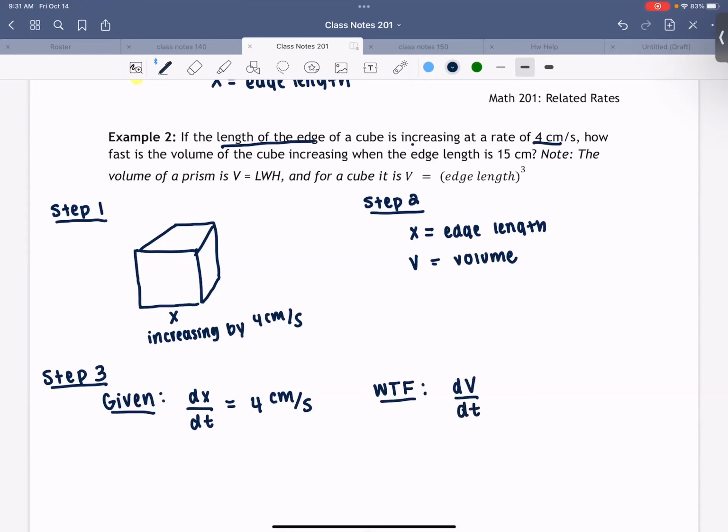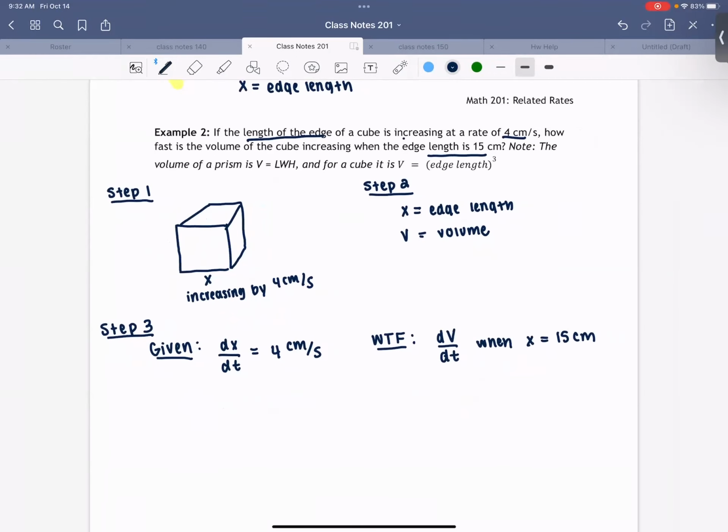And more specifically, we want to find how fast the volume is changing when the edge length, or x, is 15 centimeters. Okay, so we have what we're given, we have what we want to find. Let's actually figure out how we can relate these together.